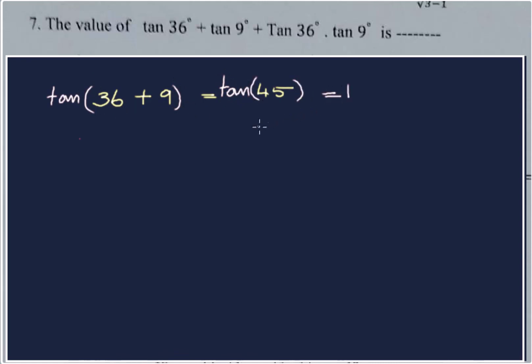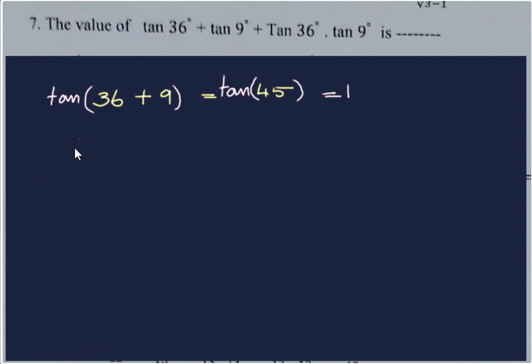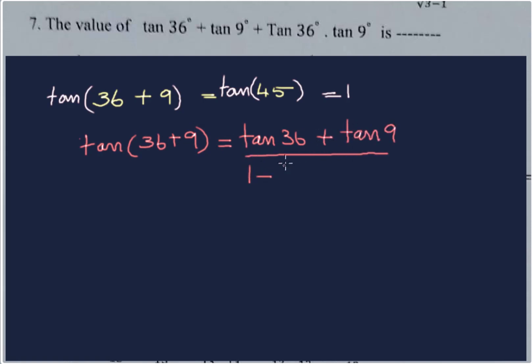So, expanding tan of 36 plus 9 using the identity, we have tan of 36 plus 9 is equal to tan 36 plus tan 9 whole divided by 1 minus tan 36 into tan 9. And this is equal to tan 45, which is 1.